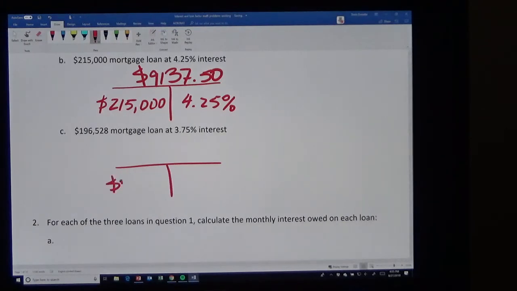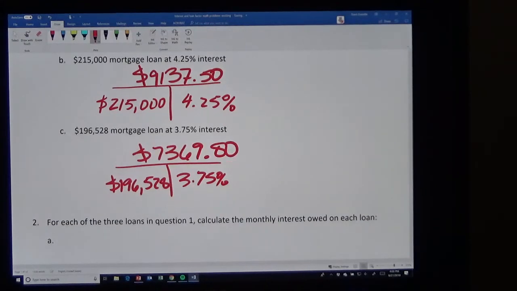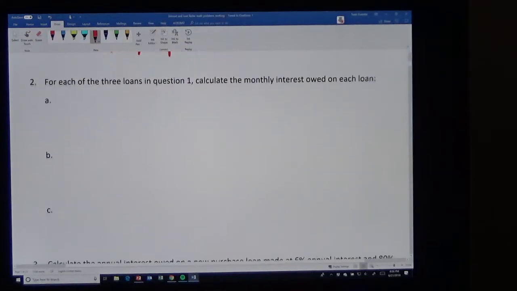That's $196,528 at 3.75%. And that's going to be $7,369.80 annually.